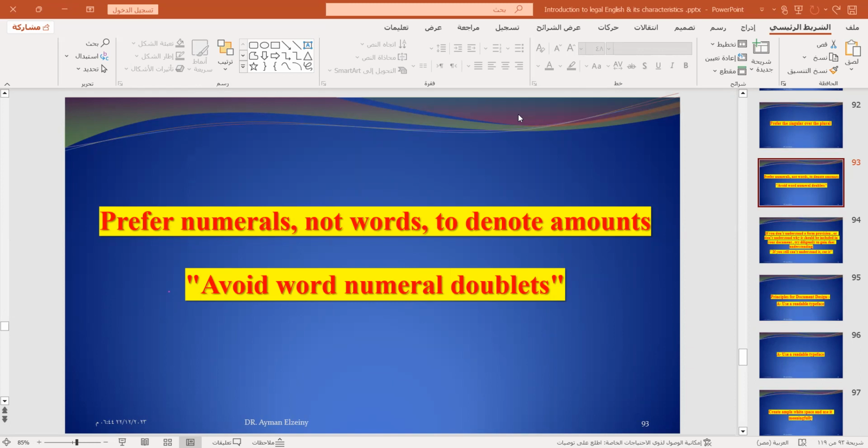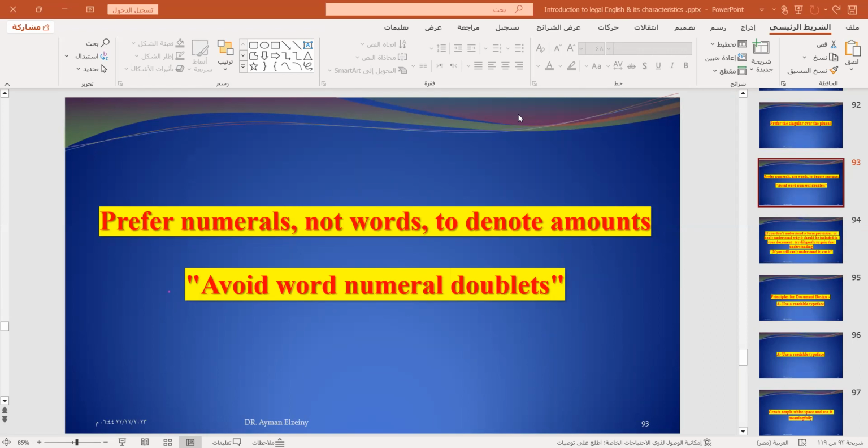As for word-numeral doublets, such as one hundred thousand dollars and $100,000. Few professionals even know why they engage in this ancient habit.